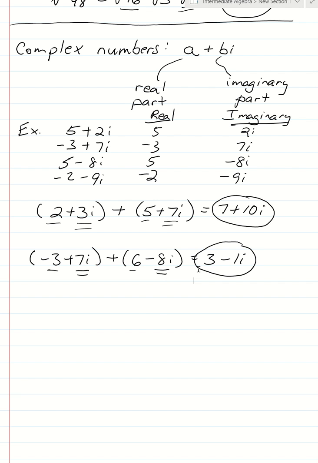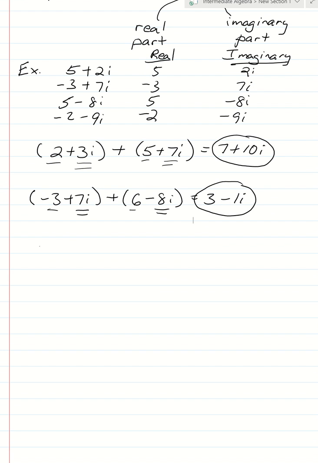Now, if you think adding is easy, subtraction is just as easy. For example, let's take the negative 3 plus 5i complex number, and let's subtract the 8 minus 6i. Once again, we're going to combine like terms, but we're going to combine them with subtraction. So we have to take the negative 3 and we have to subtract the 8.